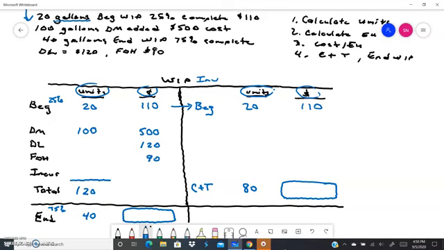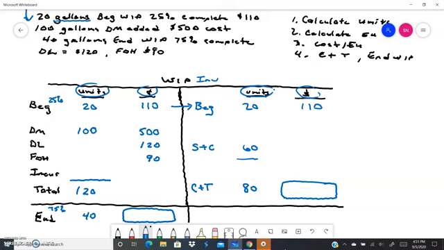So now, if we have 20 units of beginning inventory that are complete, and we have a total of 80 that were complete, then we must have started and completed 60. And that gets us to 80. So at least now we know where all of our units are.